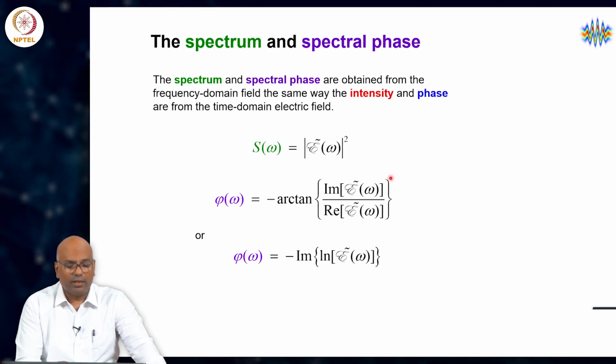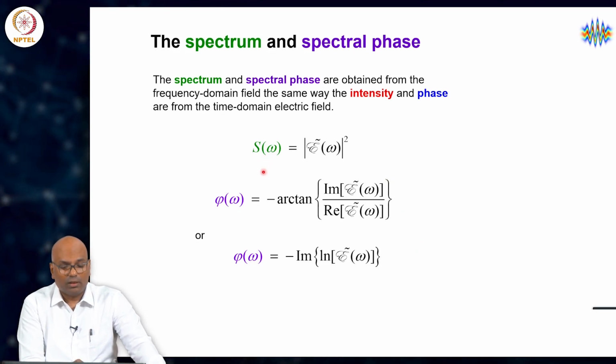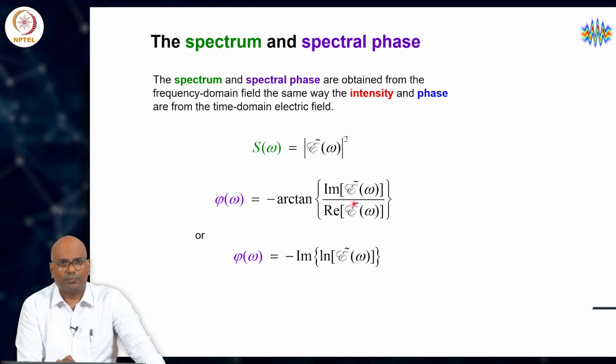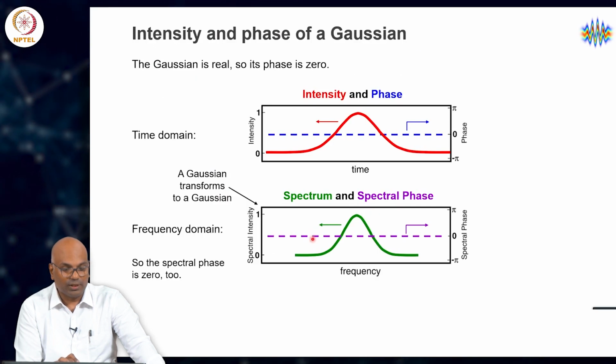We can write the spectral intensity and phase functions in terms of the electric field E tilde of omega using these relations.